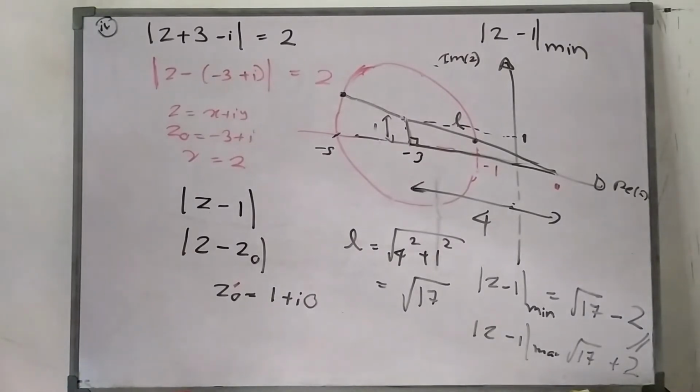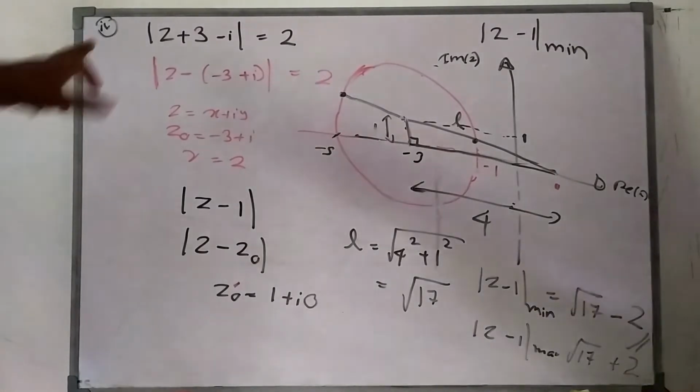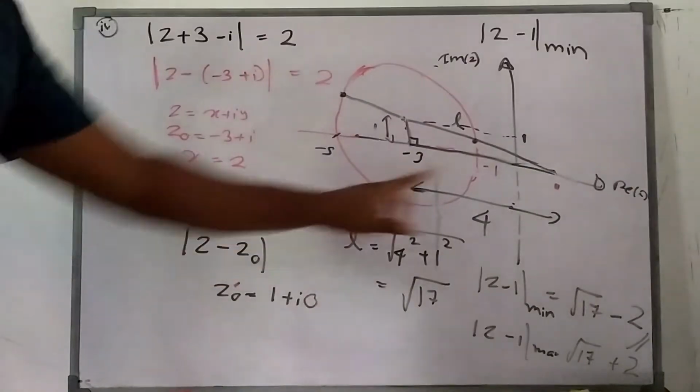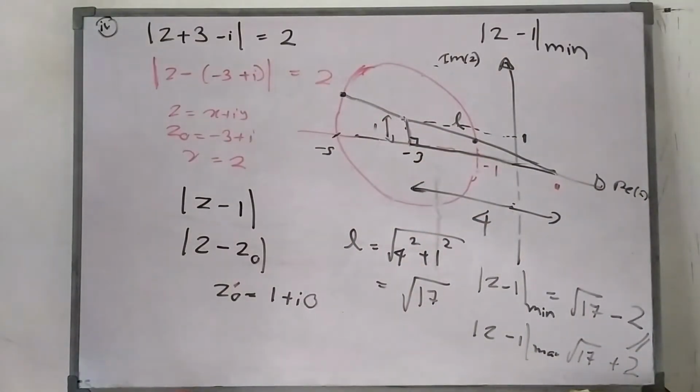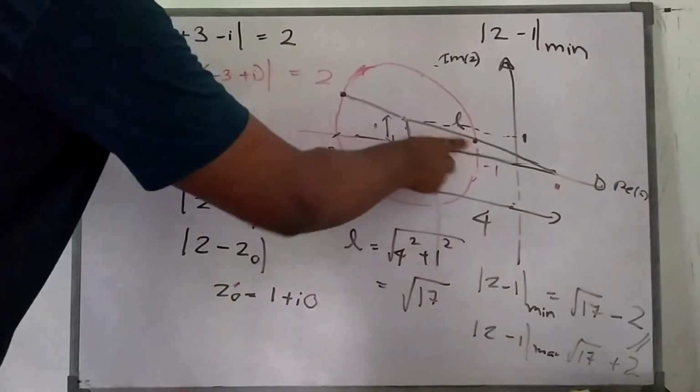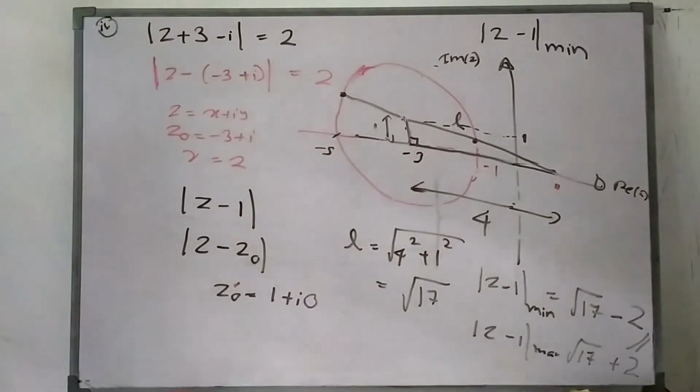In this question we just need only the minimum value, that's all. So this is the diagram of the locus, and I construct the z minus 1 and draw the line to the origin. The line to the origin always gives the minimum value and maximum value of modulus z minus 1. This is the minimum value, this is the maximum value, the furthest value.